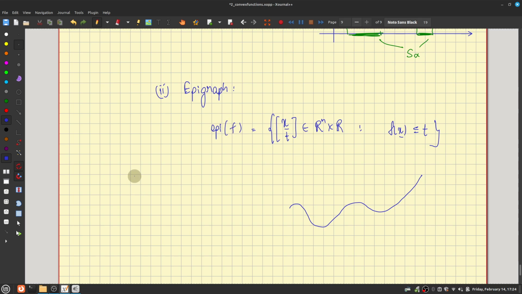Let's say for a function f from R to R, this is nothing but the set of all x comma y such that y is greater than or equal to f of x. Correct? So what does that correspond to geometrically? It is the entire region above this curve that defines the function. So this entire region defines the epigraph.